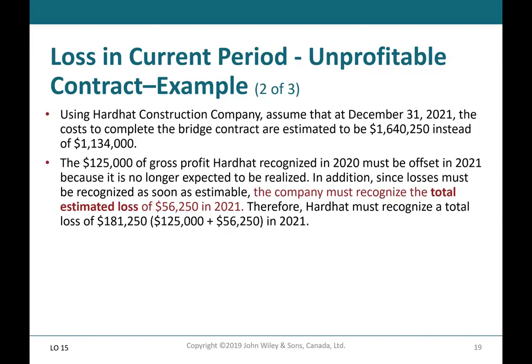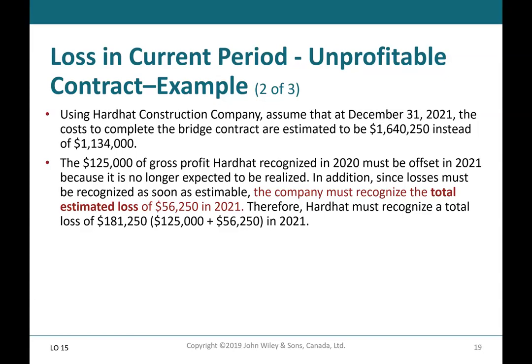The $125,000 of gross profit Hard Hat recognized in 2020 must be offset in 2021 because it is no longer expected to be realized. In addition, since losses must be recognized as soon as estimable, the company must recognize the total estimated loss of 56,250 in 2021.